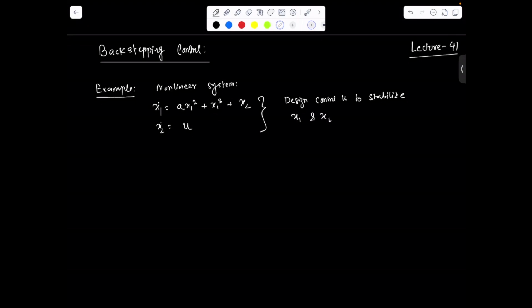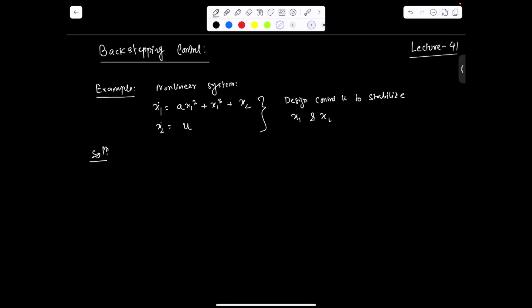We'll start solving the problem. We'll find the controls for the system. And finally, we'll have the MATLAB code for the same solution. The process of backstepping design remains the same as what you have done in the earlier examples.